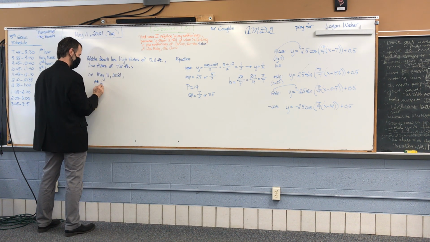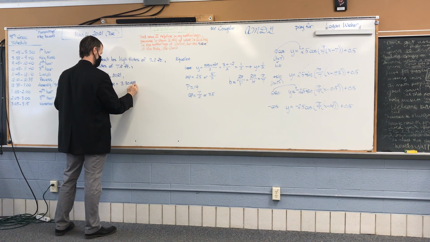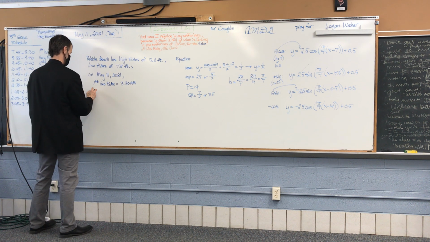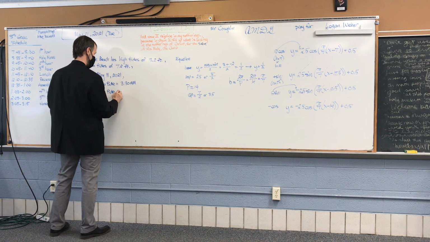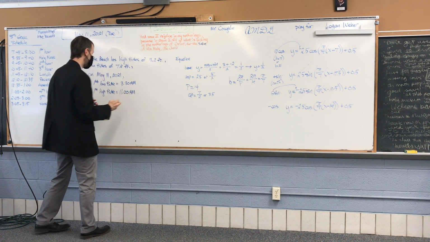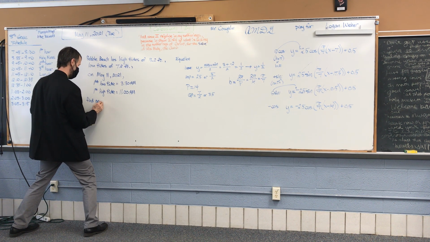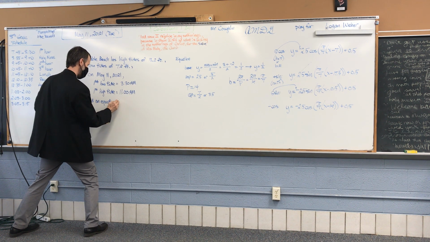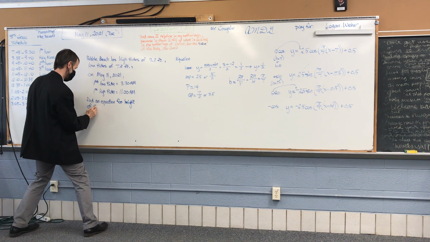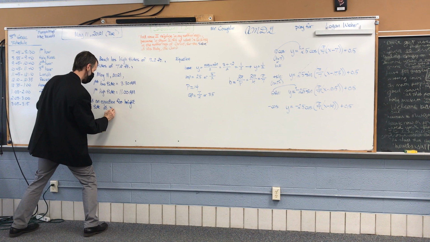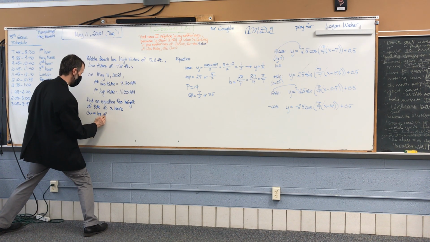The first low tide was at 3:30 a.m. The first high tide was at 11 a.m. Find an equation for the height of the tide at x hours, where x is the number of hours after 12 midnight.